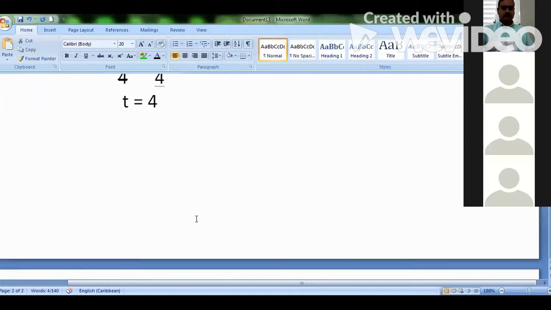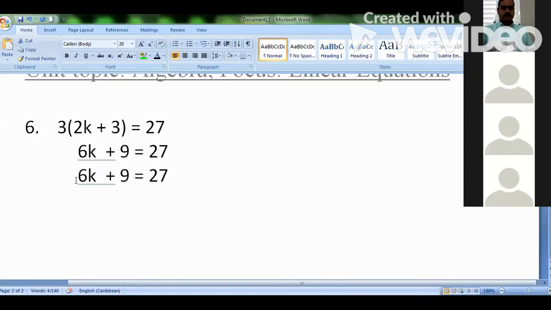It's a 2-step equation, not true? So I want to get rid of what? I would want to get rid of the 9. So to get rid of 9, what do we do? Subtract 9 on the left. You have to subtract it on the right. And you know that this will give us 0.